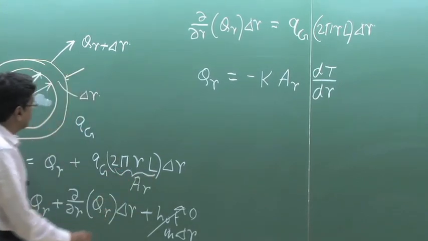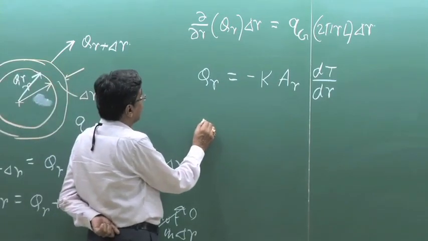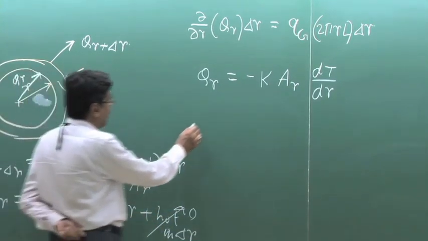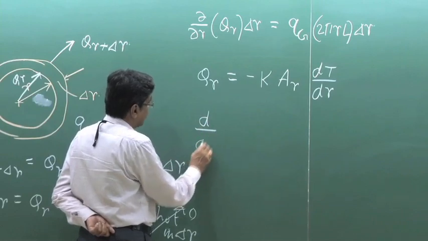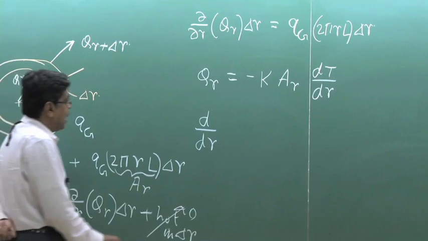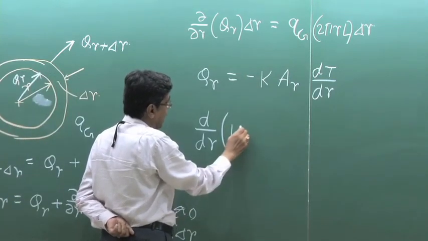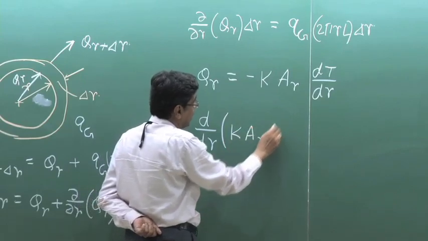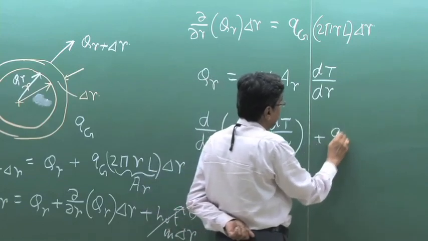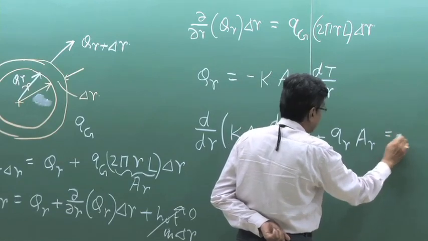Now this del r I can write as d dr because it is one-dimensional heat conduction; qr exists and is a function of r only. So d dr of, taking the minus sign to the other side, k AR dT dr plus qg AR is equal to 0.